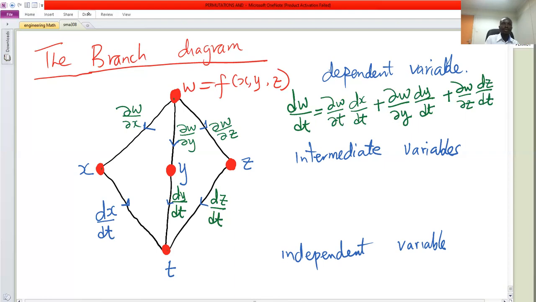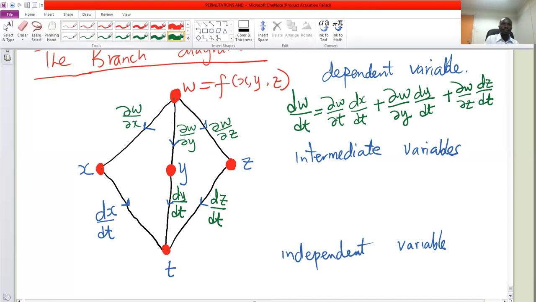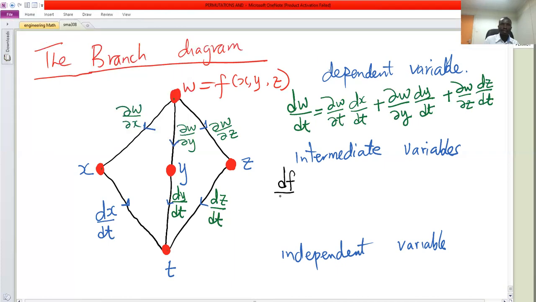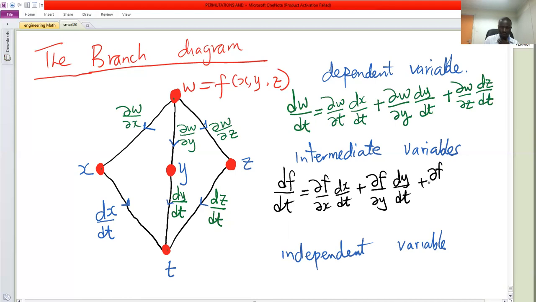Or if you don't want to use w, you can use f to write the same formula: df dt equals partial f partial x dx dt plus partial f partial y dy dt plus partial f partial z dz dt.